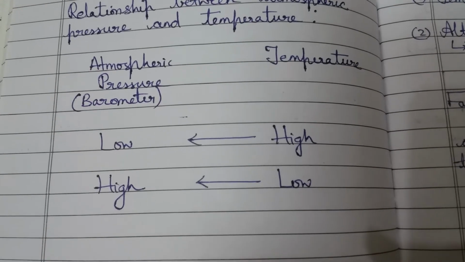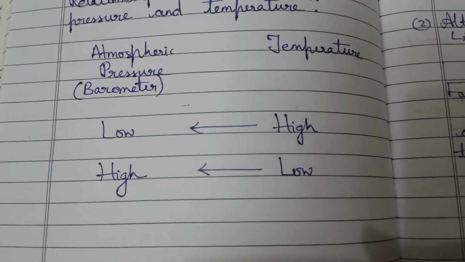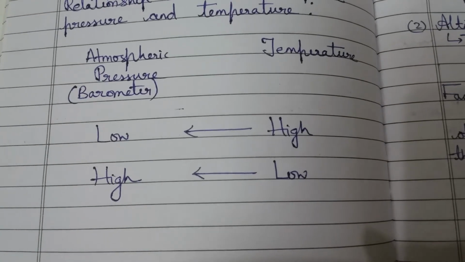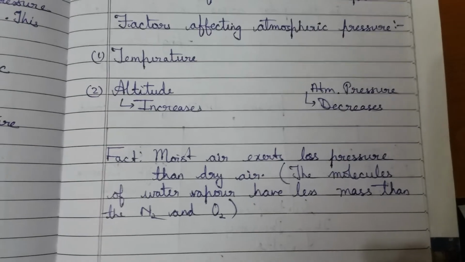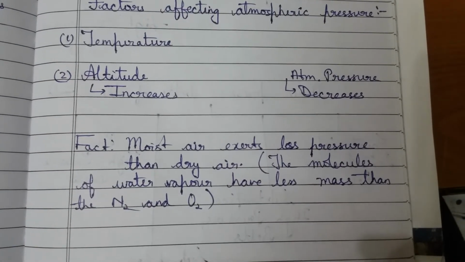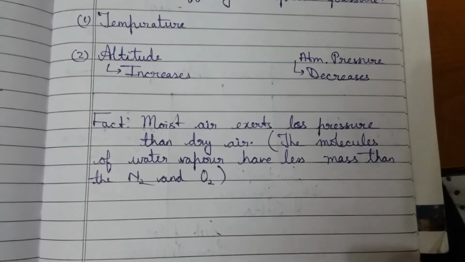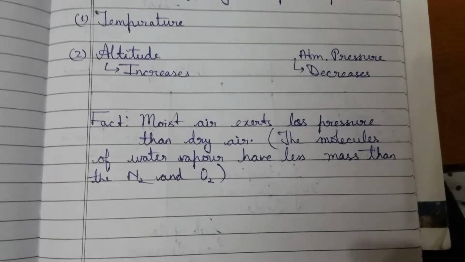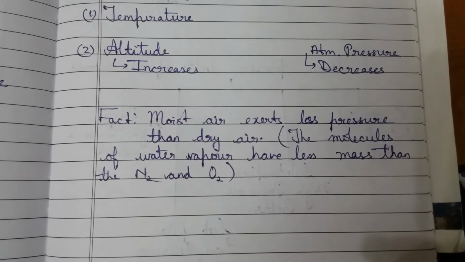If temperature is high, atmospheric pressure is low, and if temperature is low, atmospheric pressure is high. If altitude increases, atmospheric pressure decreases. One fact you should also know is that moist air exerts less pressure than dry air.